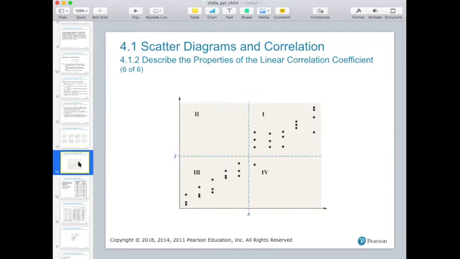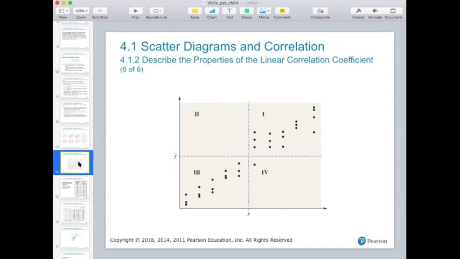Okay, so looking at this one, we're supposed to describe the linear correlation. So looking at this information, how would you describe the correlation coefficient? You can make an estimate or just describe the direction, but type it in the box.